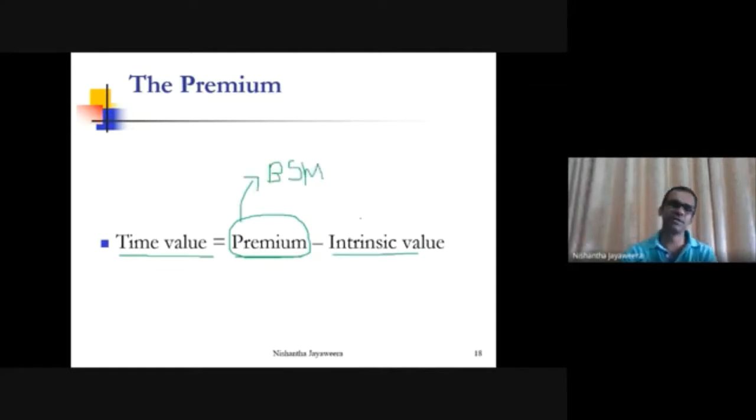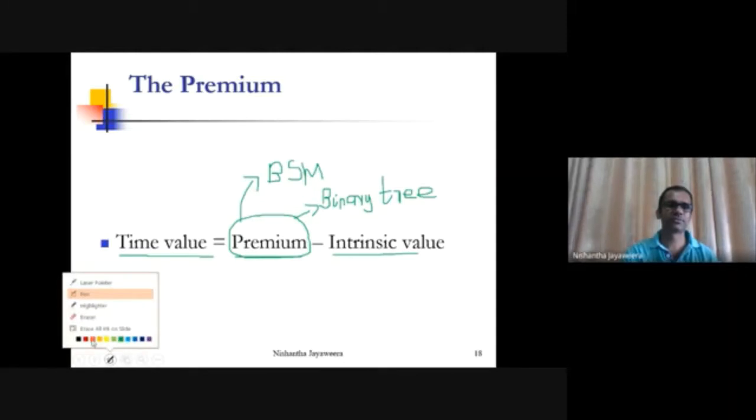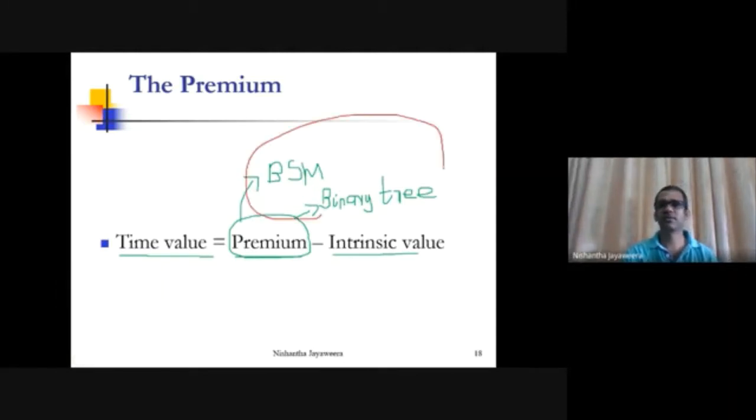We have to use the BSM model, the Black-Scholes model, or another method called the binomial tree method. Both methods are out of scope here. It would be too much for you, so we are not going to discuss any of these methods.